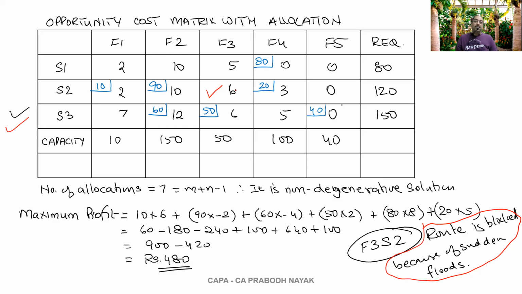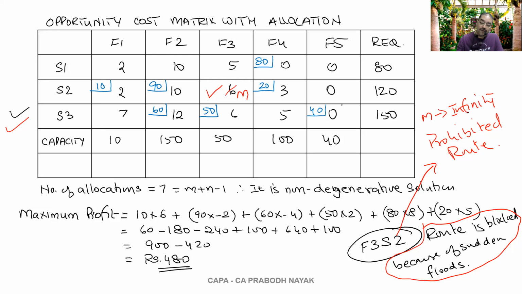So you pay him a large, huge amount, which is more than all the costs in all the other routes. First of all, I will call this F3S2 route a prohibited route. And for this prohibited route, the cost will not be 6, but it will be M, where M is an infinity cost. That means a very high cost.